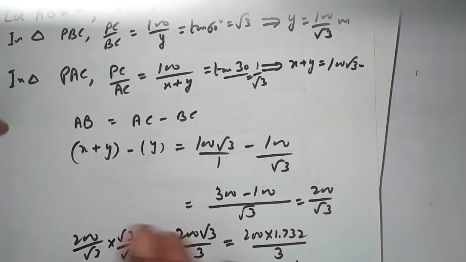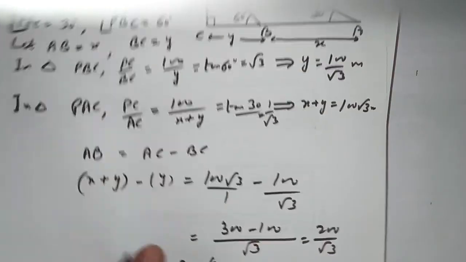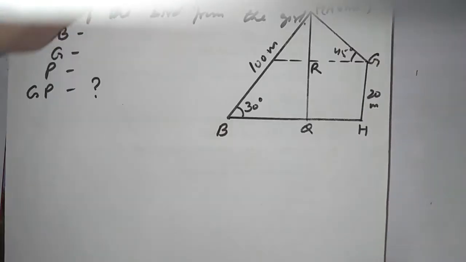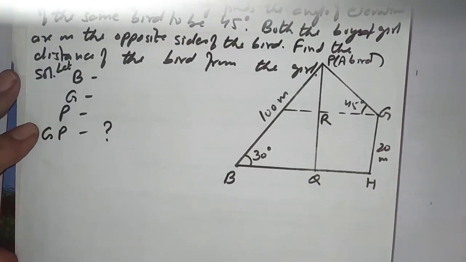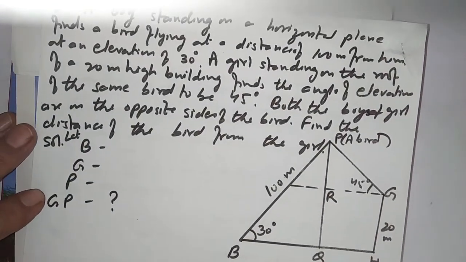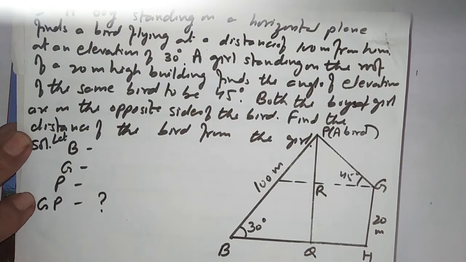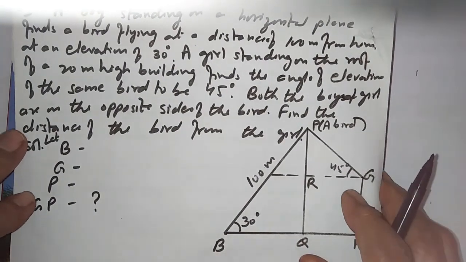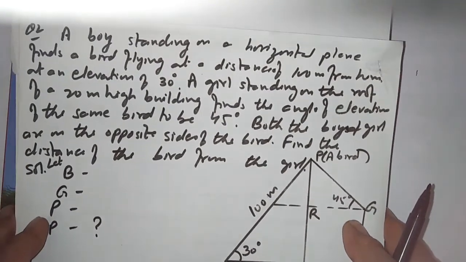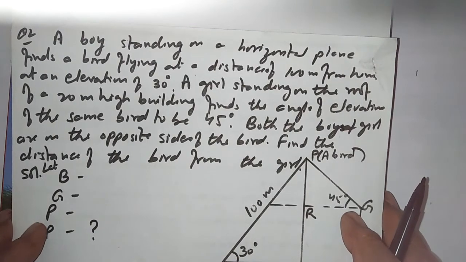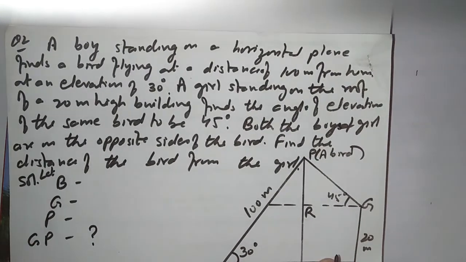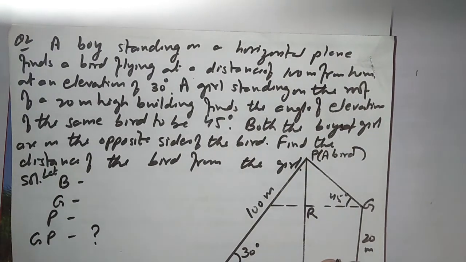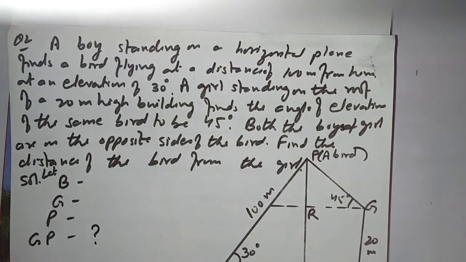Second question is, question number 2 is, a boy standing on a horizontal plane finds a bird flying at a distance of 100 meters from him at an elevation of 30 degrees.